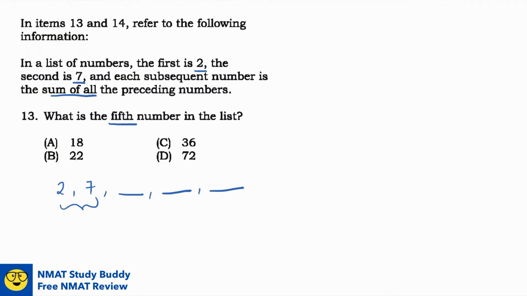So, yung kasunod dito is equal to 7 plus 2, which is 9. And then, yung kasunod is 2 plus 7 plus 9. So, 9 plus 9 is equal to 18. And then, yung kasunod is 18 plus 18 is equal to 36. So, yung sagot dito, yung fifth number is letter C, 36.